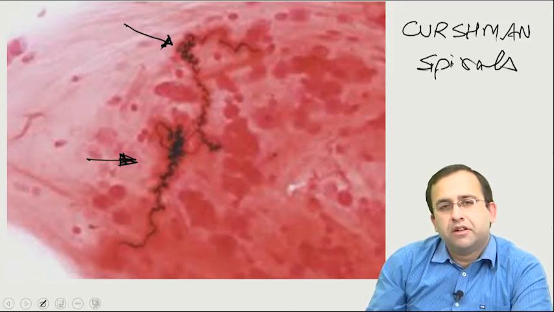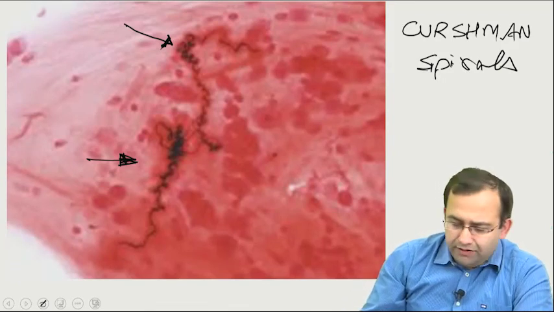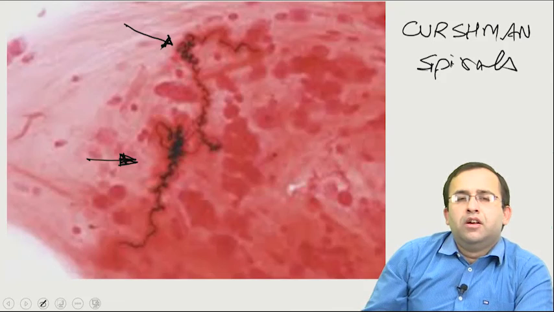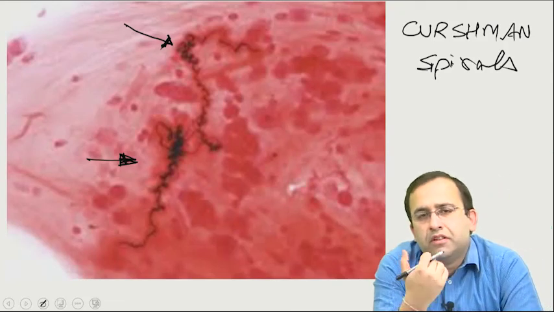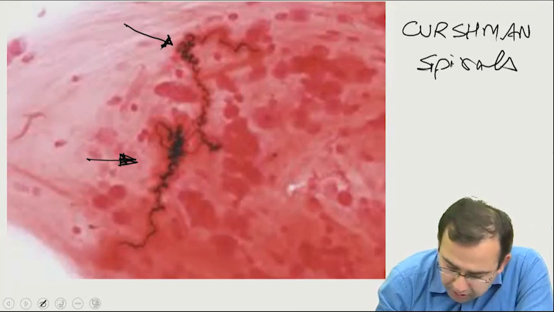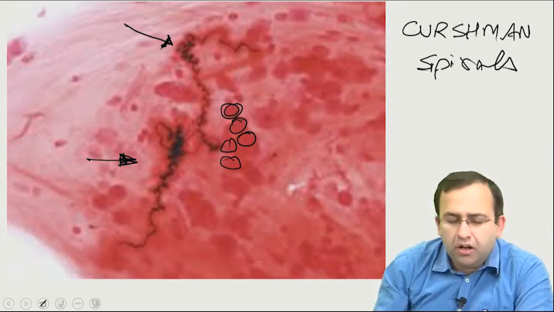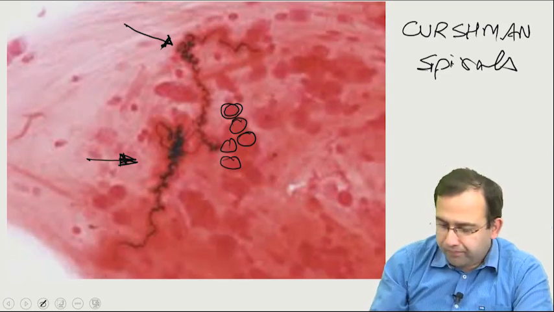Just curious, why is it red? Eosinophilic protein. No, children, no. A patient coming to you with red sputum, what is the first thing you will think of? Hemoptysis, blood in sputum. You are able to see the presence of RBCs in the background. These are all RBCs, blood in sputum.